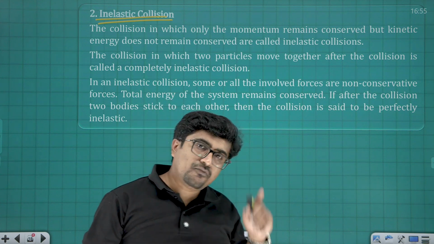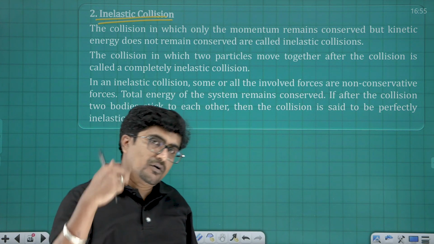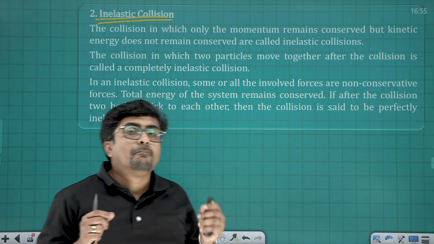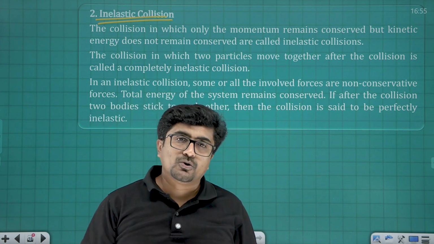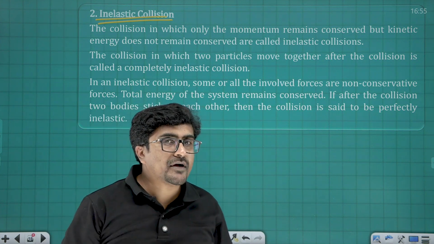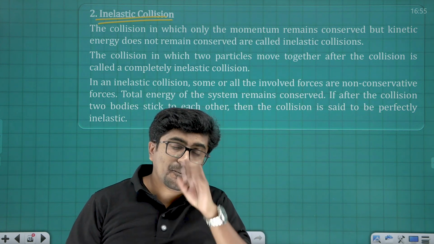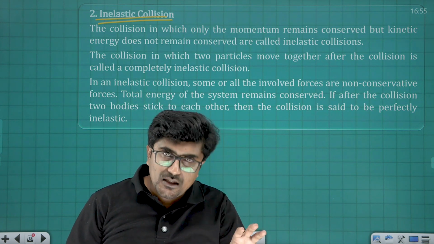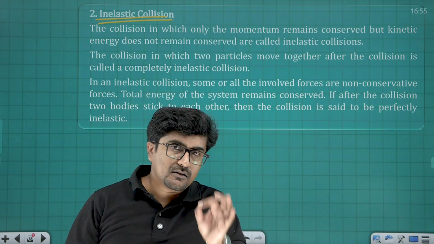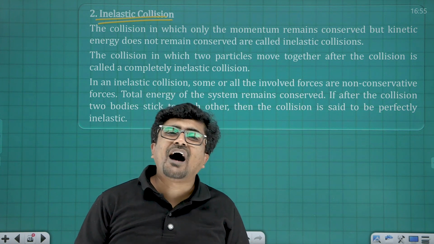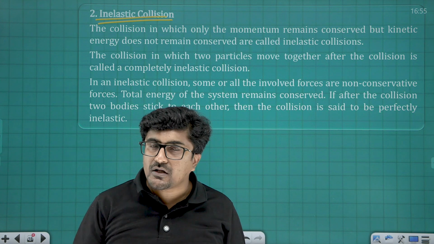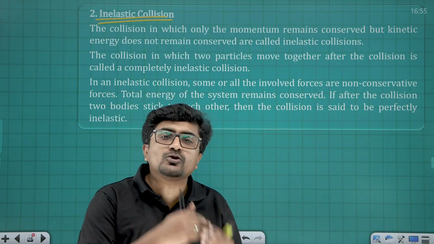In case of inelastic collision, there is one more category, that is perfectly inelastic collision. Why is it different? Here also kinetic energy is not conserved, but linear momentum is conserved. But the difference is that after the collision, the bodies will stick to each other.